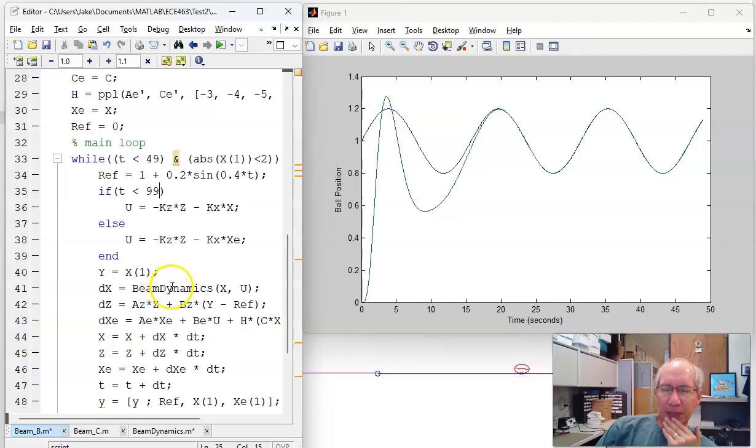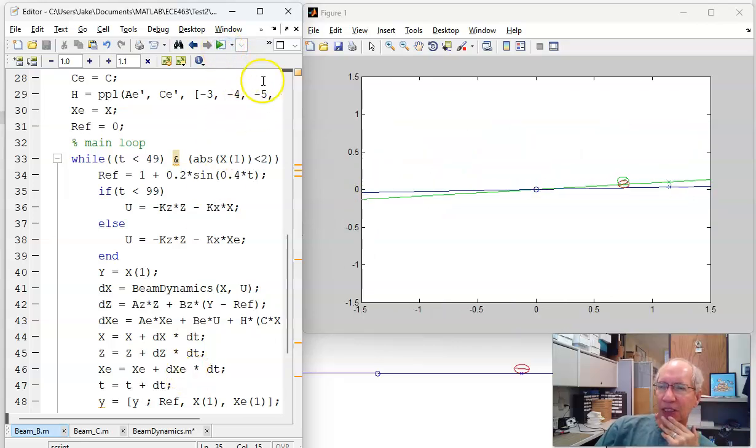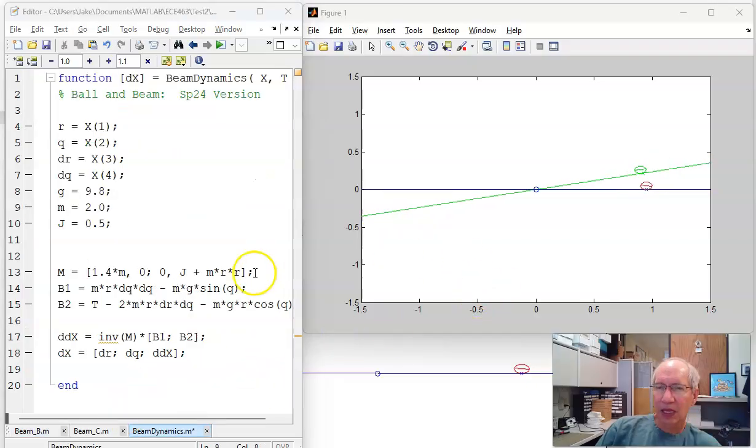Integrate the plant dynamics, servo compensator dynamics, observer dynamics, integrate all three, and let it rip. So here the green line is the observer, the other one is the plant. And it's not tracking because I've got to save the beam dynamics.